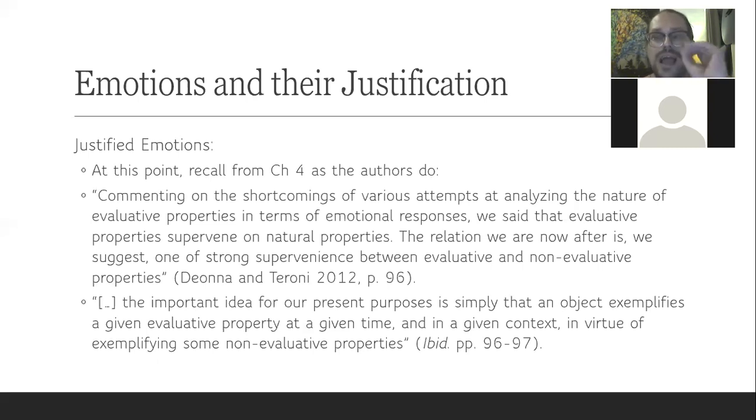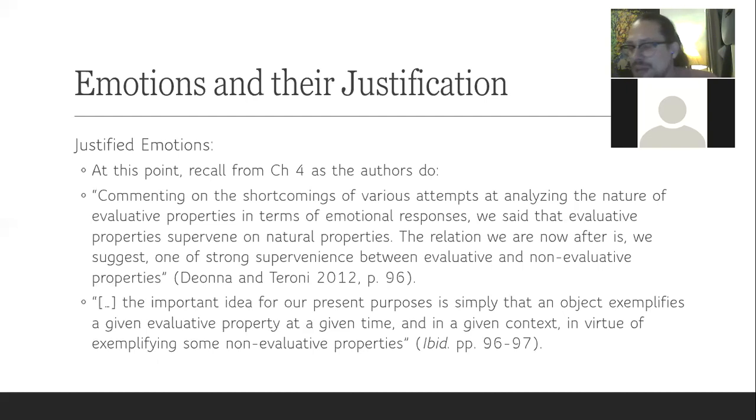Okay. So if I ask what evaluative properties like danger and beauty are, well, they are just natural properties that come together in the right ways at the right time in a particular context.